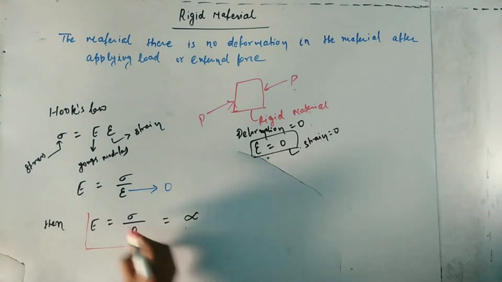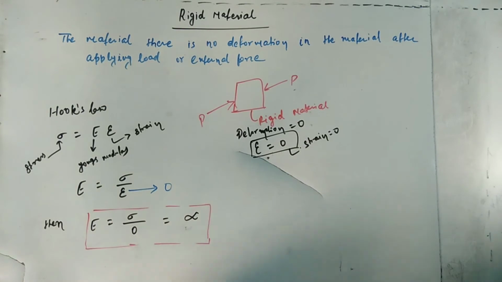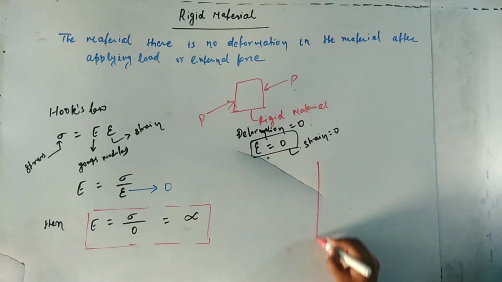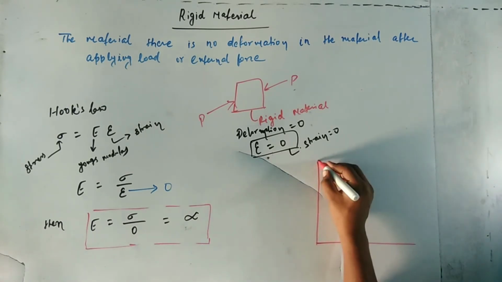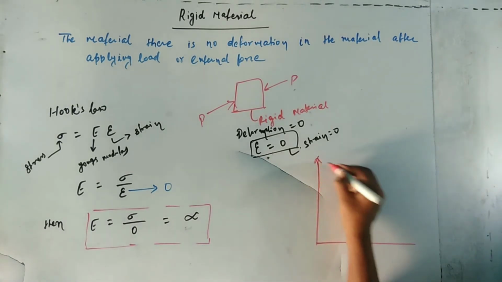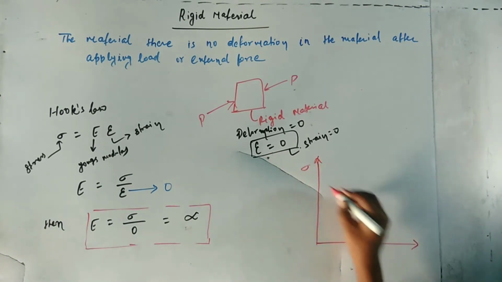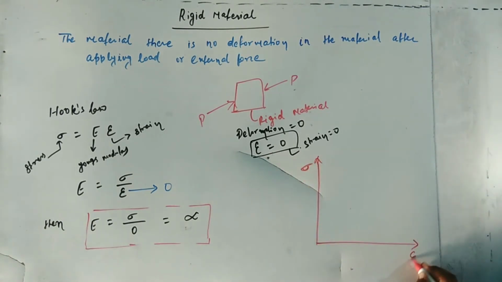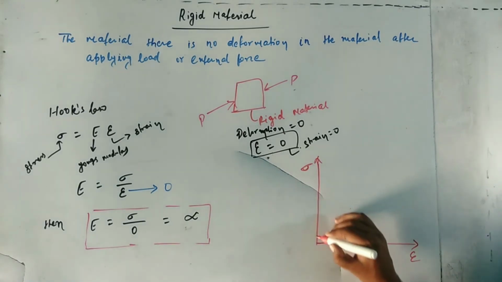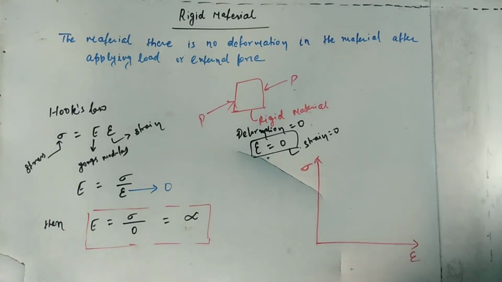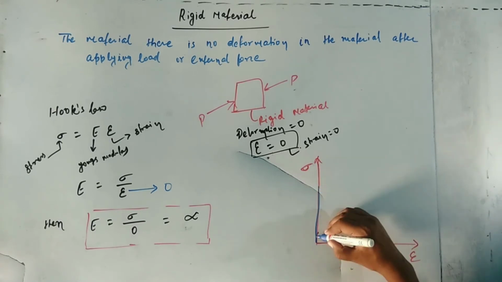Now we will draw the stress strain diagram for rigid material. On the y-axis we take sigma and on the other axis epsilon. Sigma is the stress, epsilon is the strain.